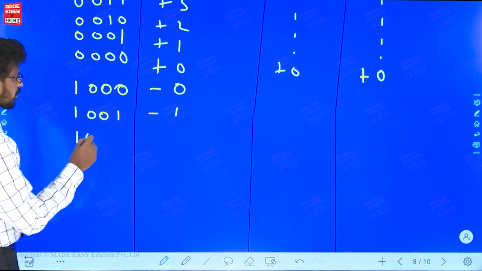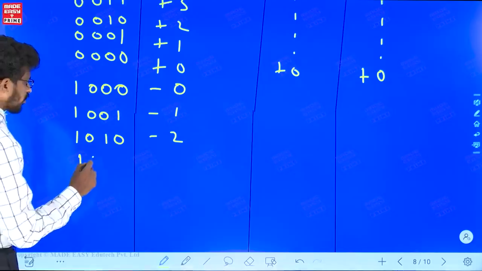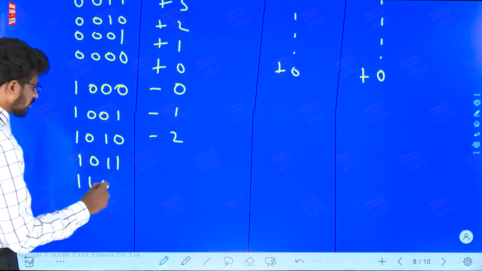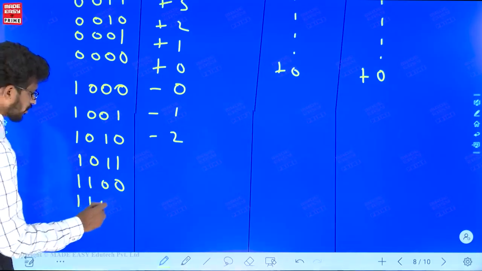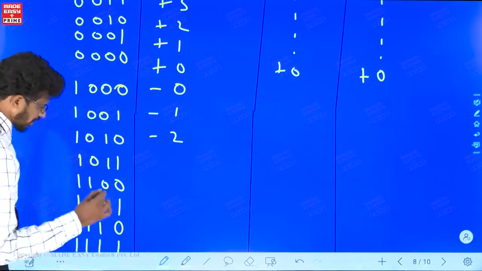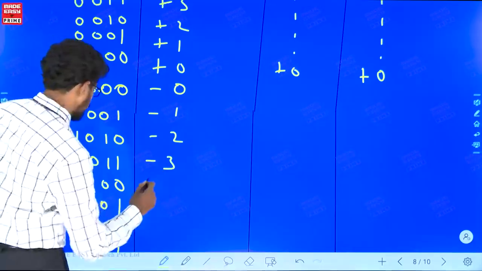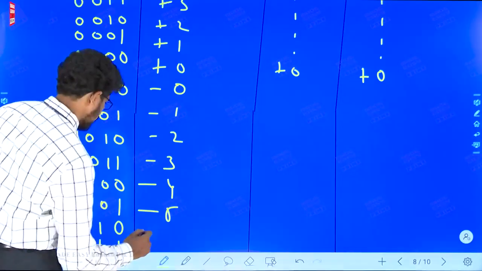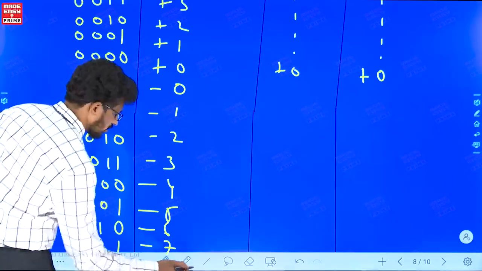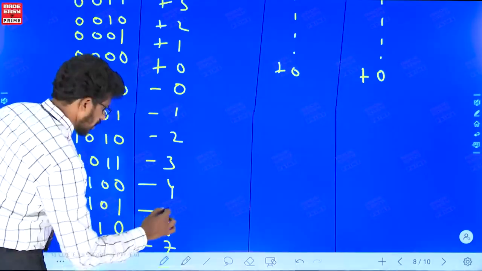So 1 0 1 0 is minus 2, then 1 0 1 1, 1 1 0 0, 1 1 0 1, 1 1 1 0, 1 1 1 1. Let us see the meaning. So this is minus 3, minus 4, minus 5, minus 6 and minus 7.